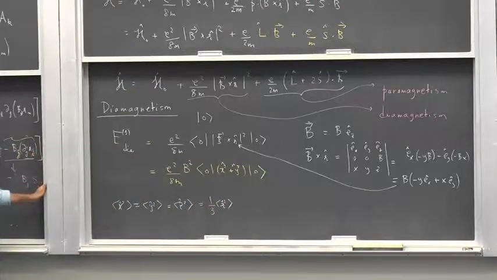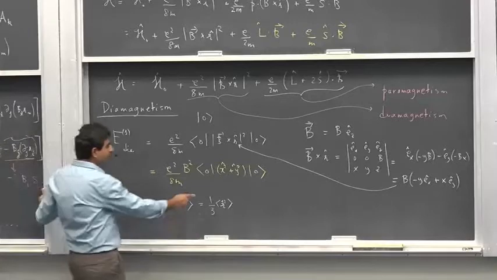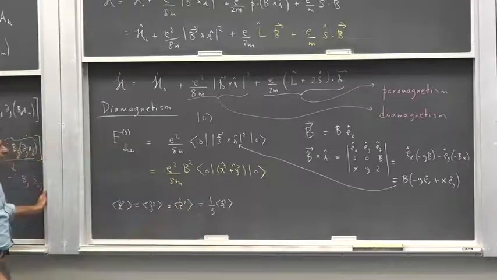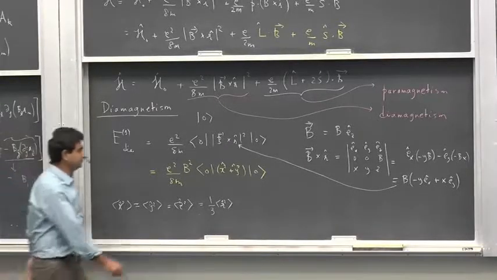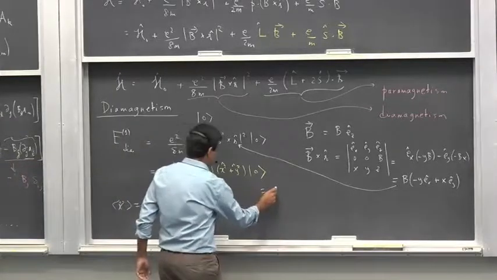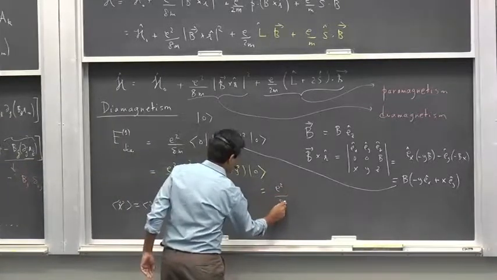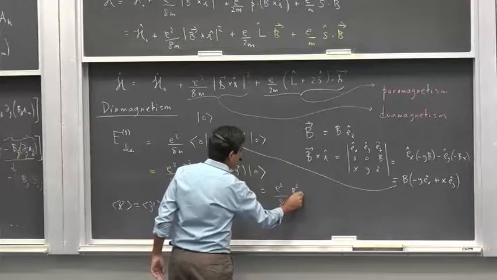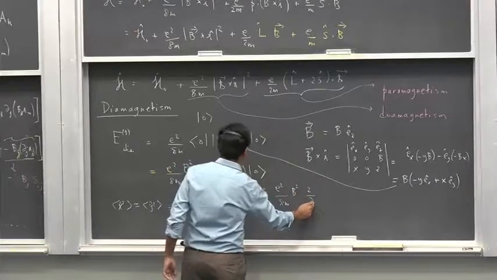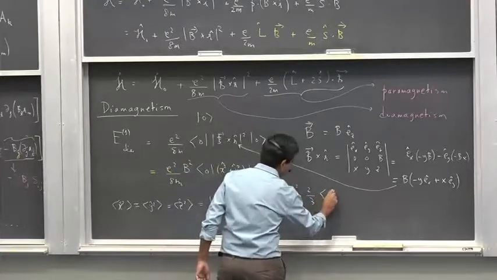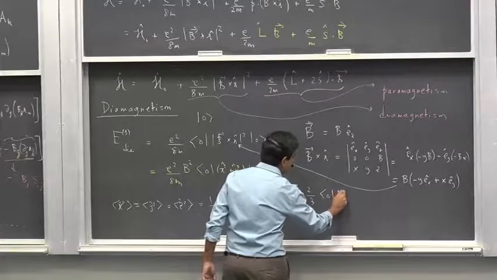So what I could do, then, x square plus y square is 2/3 of r square. So this becomes e square B square over 8m times 2/3 of the expectation value of r square.